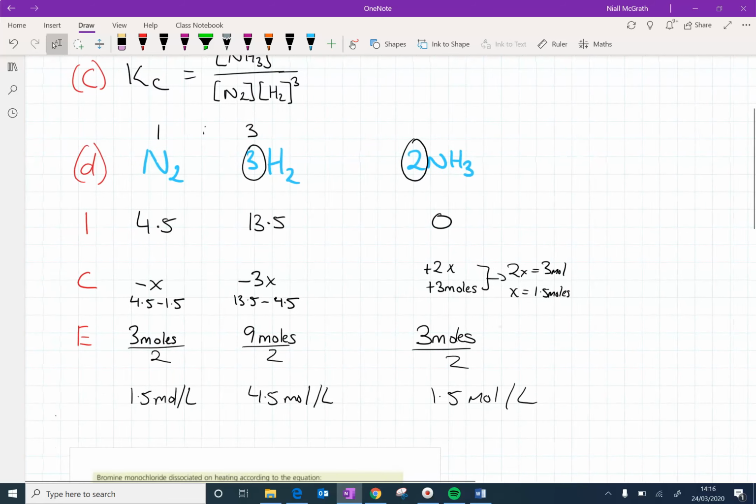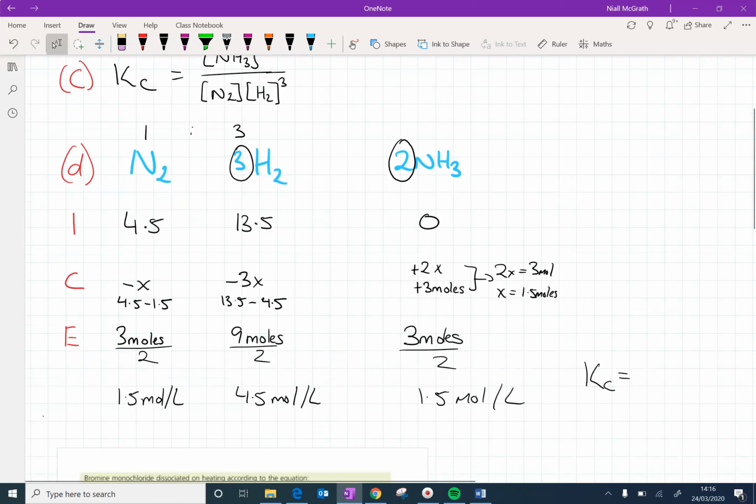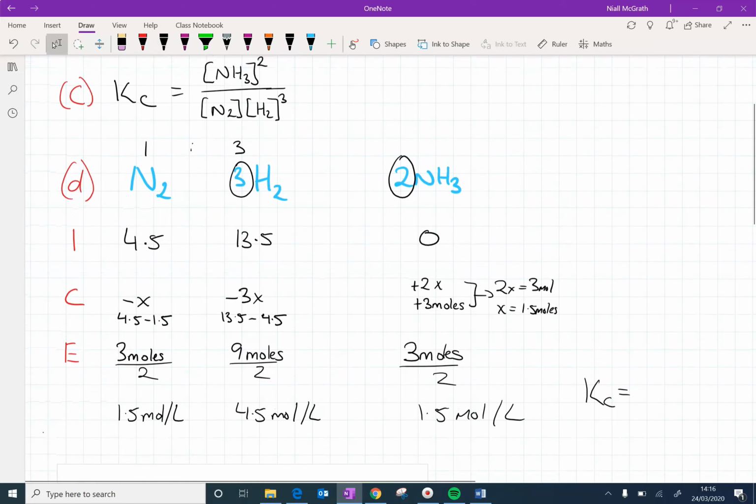So then we want to calculate our Kc figure. That's just subbing those figures into our formula. Up here we have our formula that we're going to be subbing into.